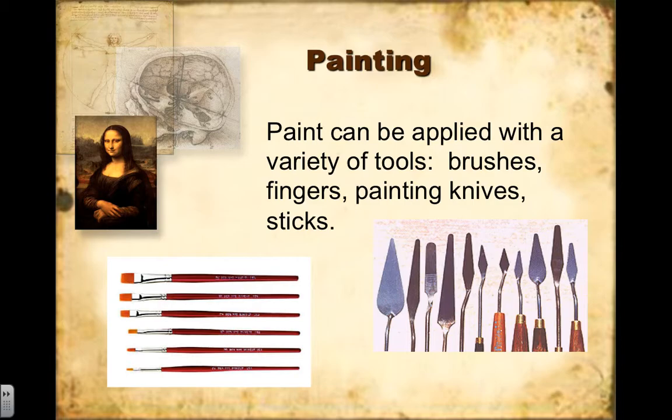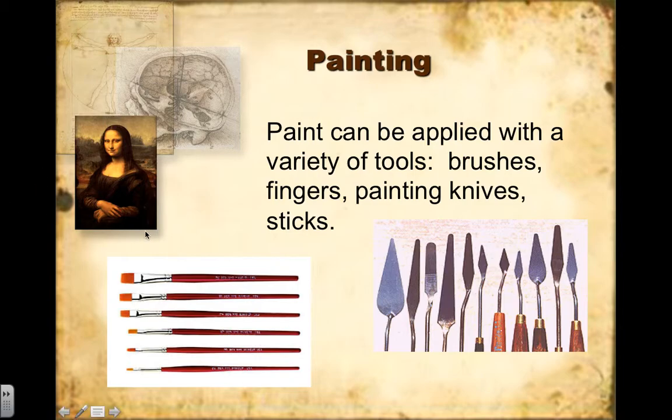So paint can be applied to a canvas, or I guess depending on your material or your surface you're working with. It might not always be your traditional canvas. It could be wood, metal, the walls, different things like that. But many of the different tools that paint is applied with are brushes, fingers, painting knives, and sticks.